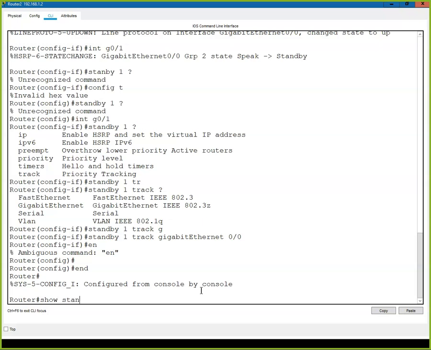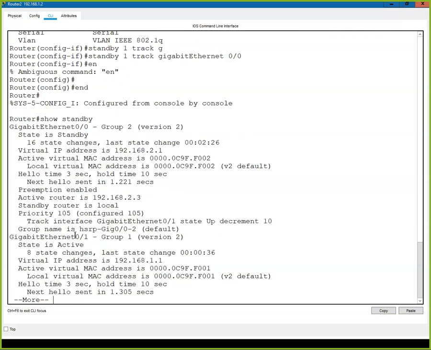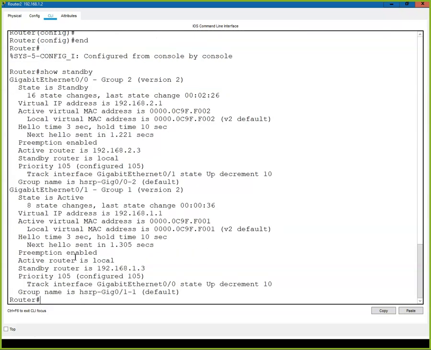I'm going to do a show standby. This is where we got 0/1 here, where's 0/0? Standby 1, virtual IP address. Oh yeah, the virtual MAC address is also something I want to be sure to talk about. This is version 2, and the last 3 bits represent the group number.